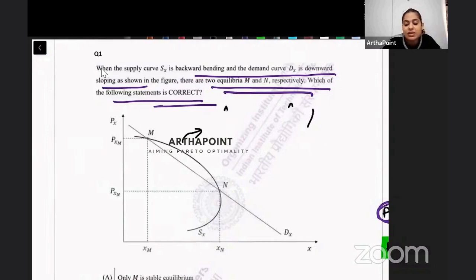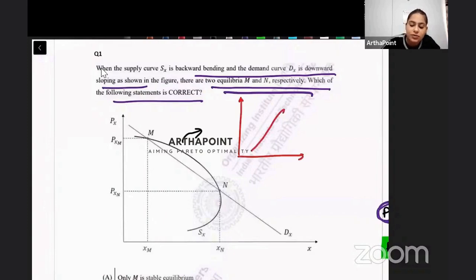Maybe next time I can make an upward sloping demand curve and an upward sloping supply curve of a product, and ask you whether this is going to be a stable equilibrium or not. So you are supposed to analyze these situations, and think about what happens under other different kinds of situations also.